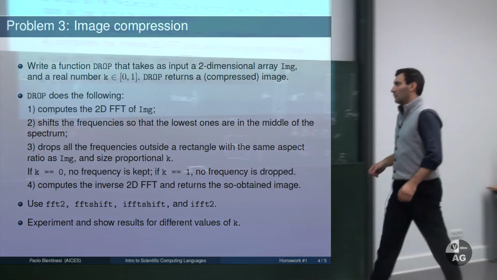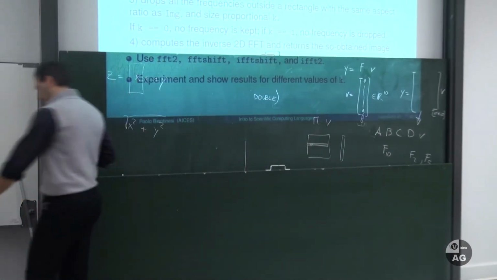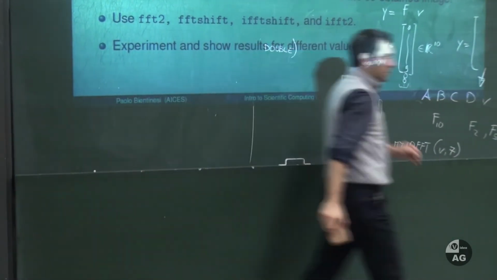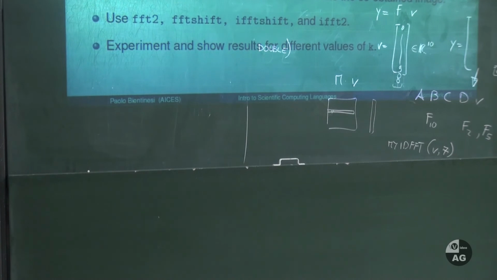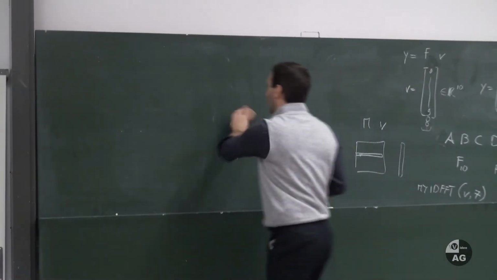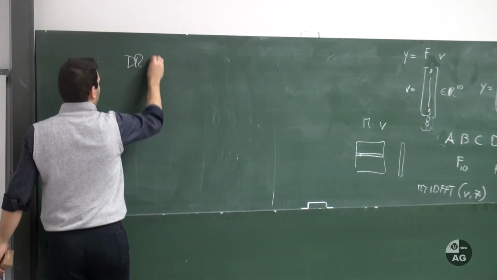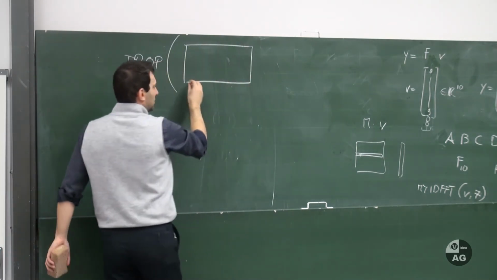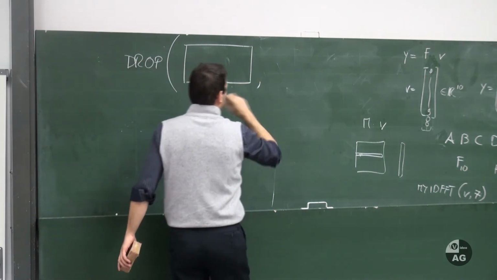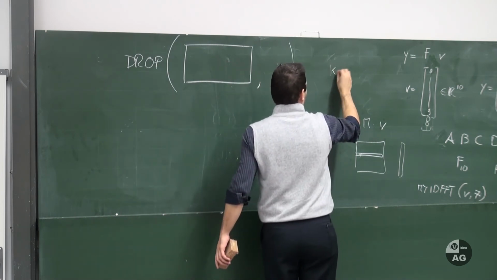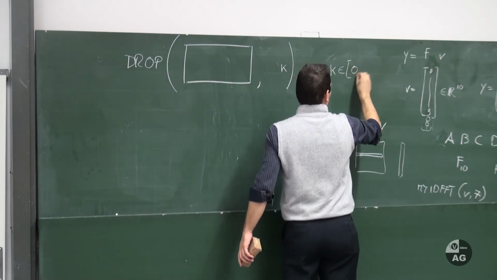I think it's better if I just show you on the board first. So you have drop. Drop takes an image, doesn't have to be square, and it takes a value k. k is between 0 and 1.